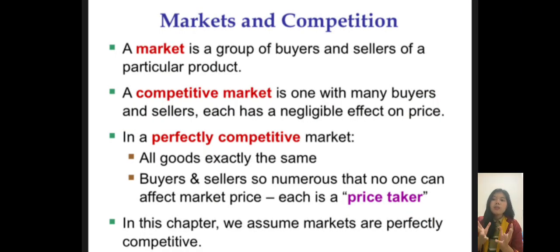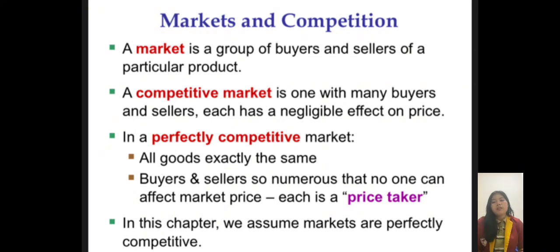Markets and competition. A market is a group of buyers and sellers of a particular product. A competitive market is one with many buyers and sellers. Each has a negligible effect on price.